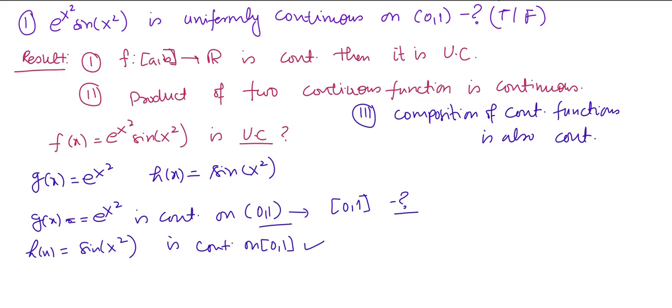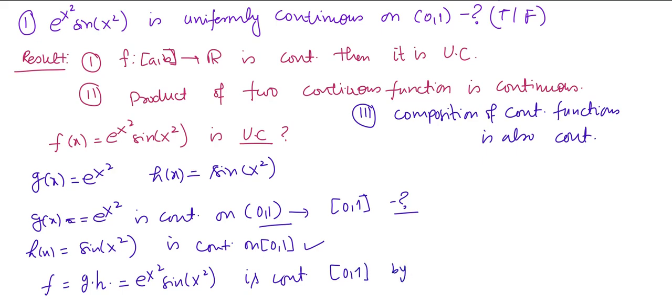Now f is the product of g and h, that is e raised to the power x square sin x square. So it is also continuous on the closed interval 0 to 1 by the second property that we have seen above.